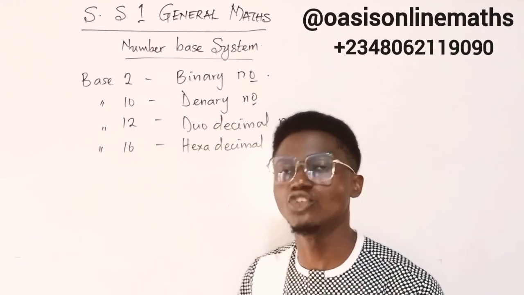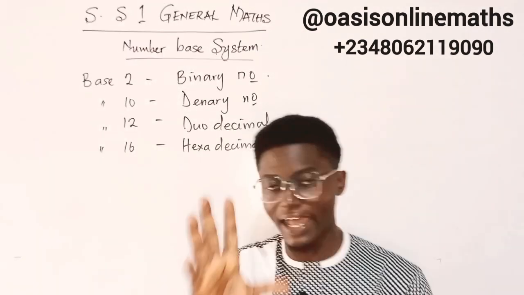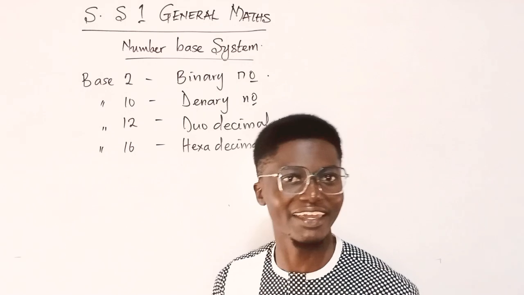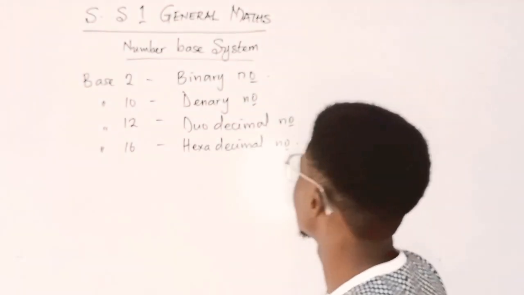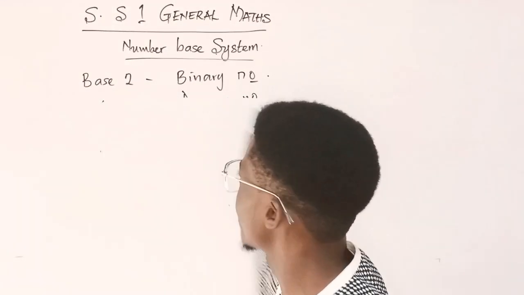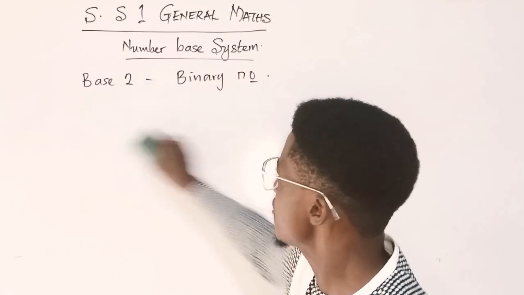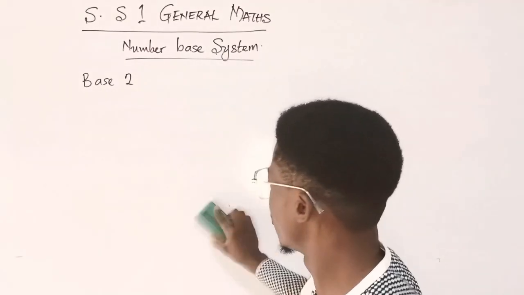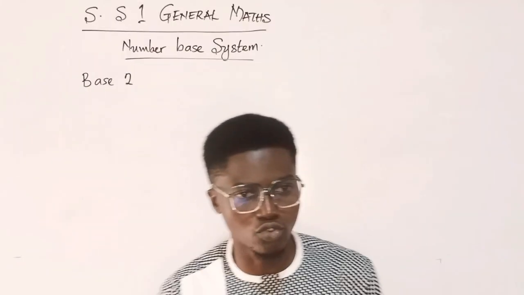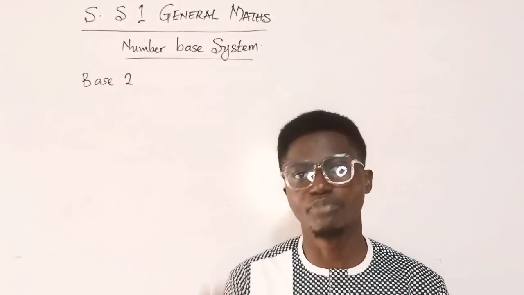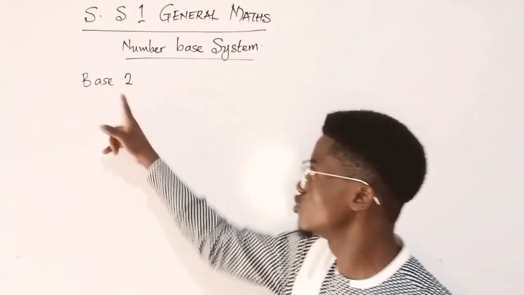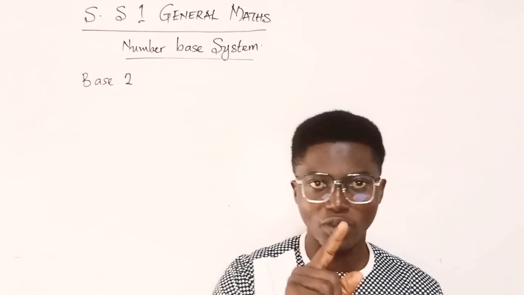Their nature, how would you be able to identify a particular number in its base? Now, let's go to base 2, binary. Any number that is in base 2, no digit in it is up to 2. What do I mean?